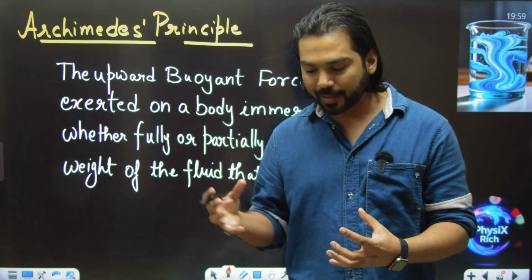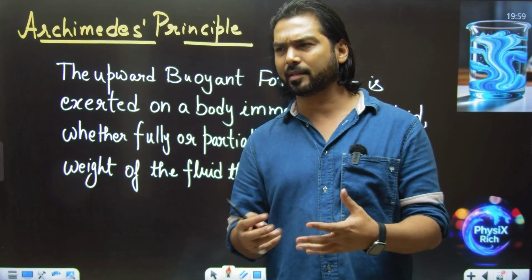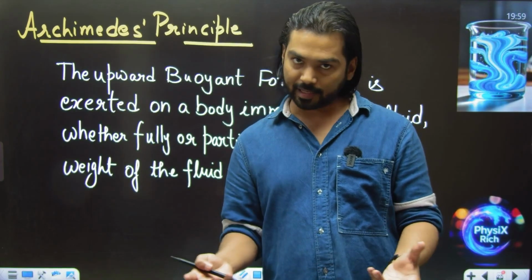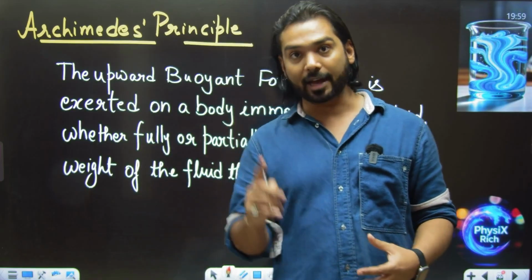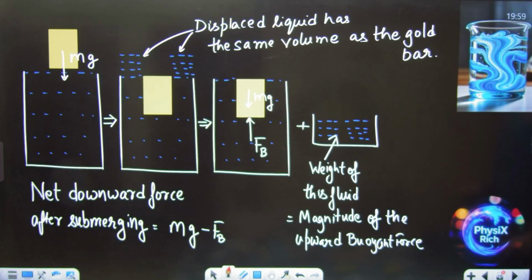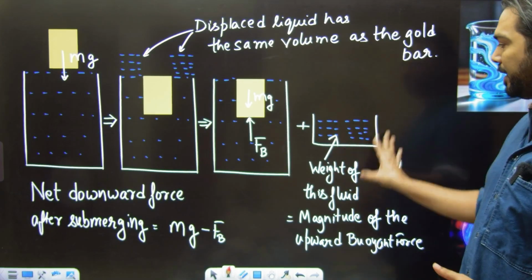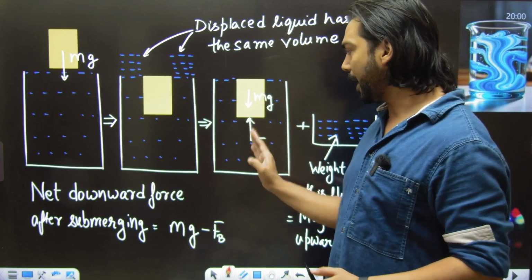Buoyant force is basically a force that a liquid or a fluid exerts. It's not necessarily liquid, but even gases can exert this force in the upward direction against gravity. So wherever g effective is, this buoyant force is exerted in the direction opposite to that. Whatever is the weight of this displaced fluid, that much force will be acting in the upward direction.